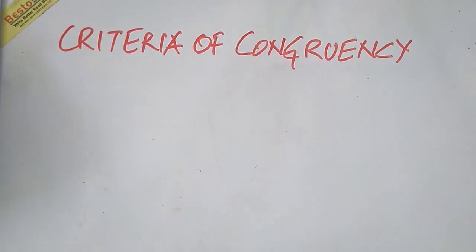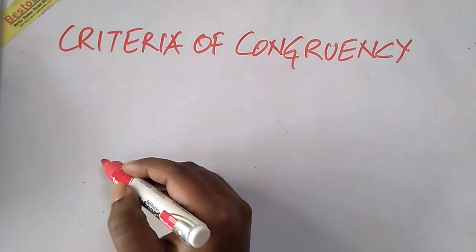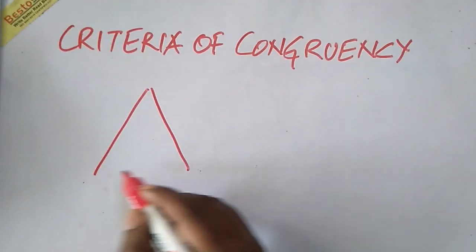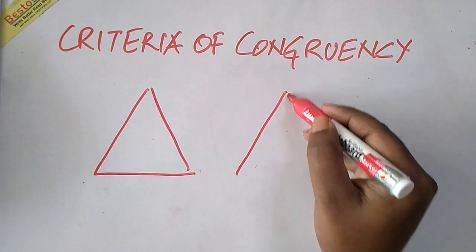And I have told you in the class, when we were having the live class, I have explained to you that we will say two triangles congruent when they are exactly same. For example, I will just draw quickly two triangles.